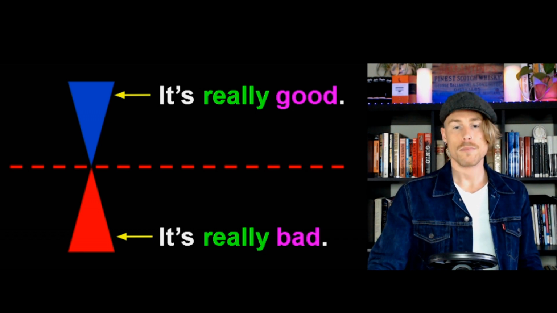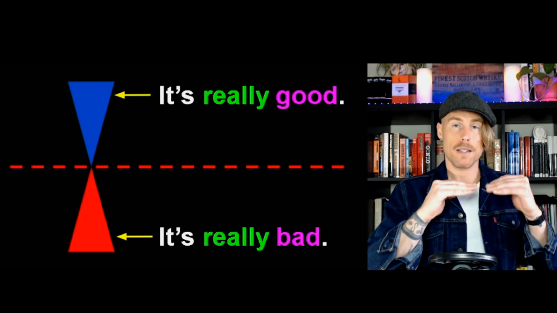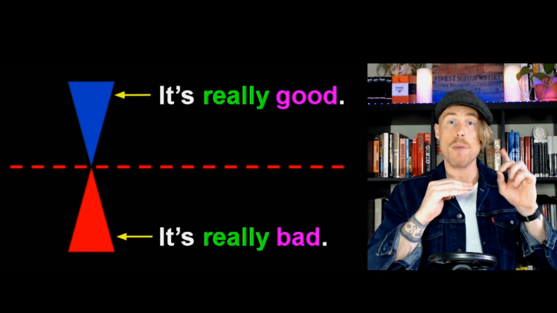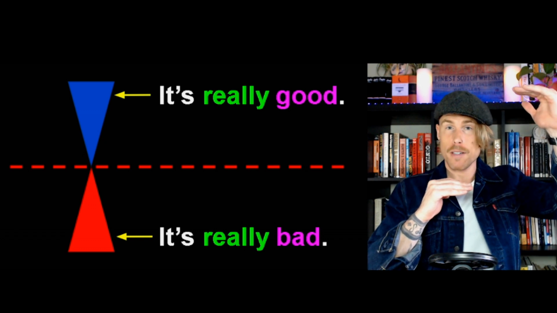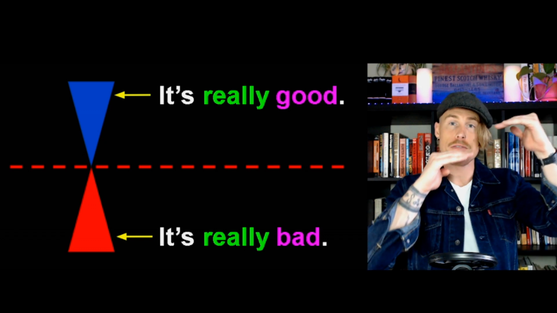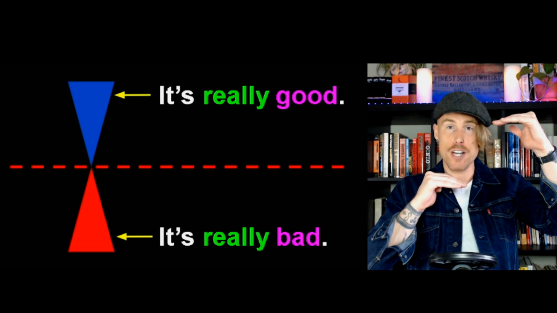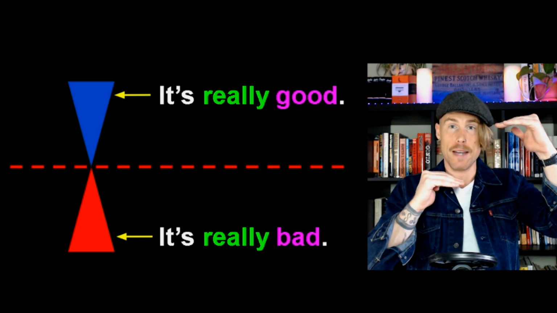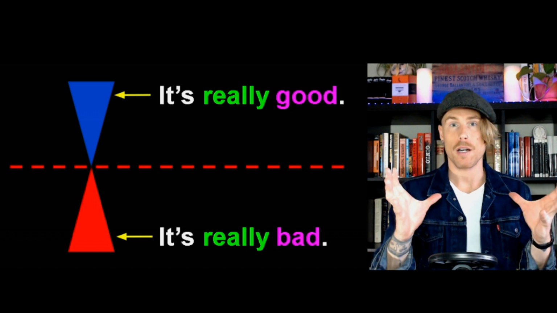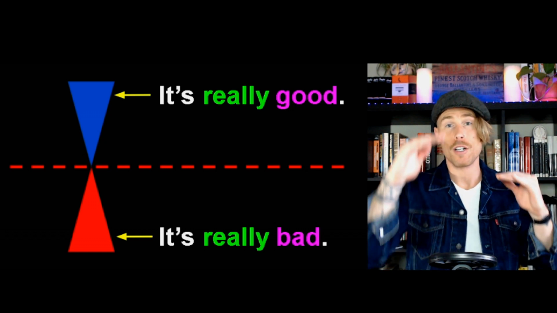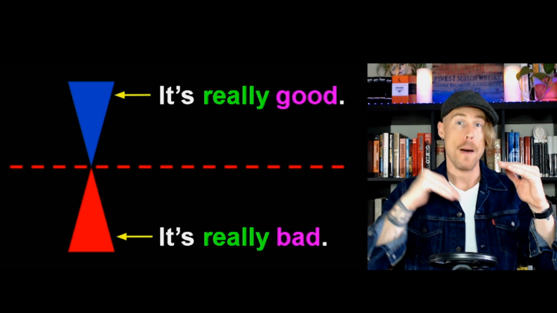So, really can be used for positive adjectives, good, and really can be used for negative adjectives, really bad. Really is strong. So it can be strong good or strong bad.